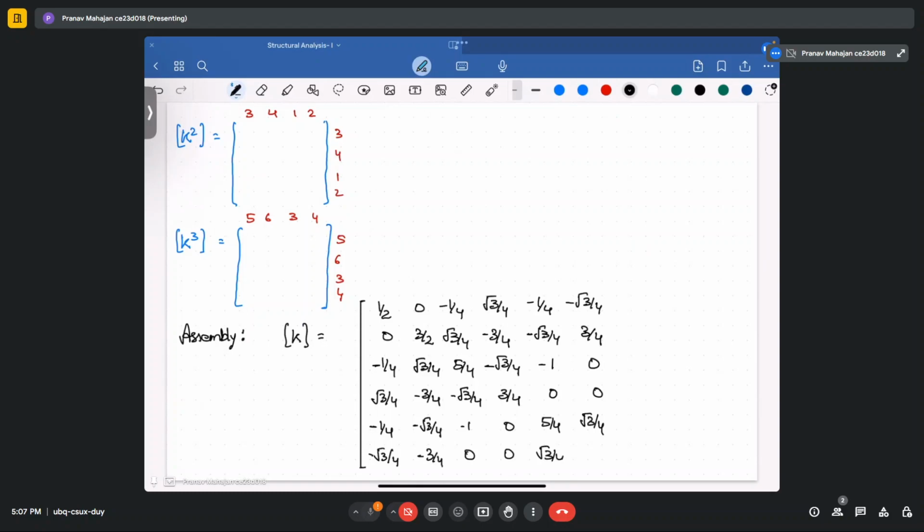So this is your final stiffness matrix that will be developed for this whole truss.